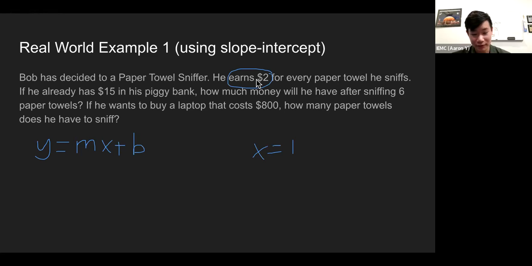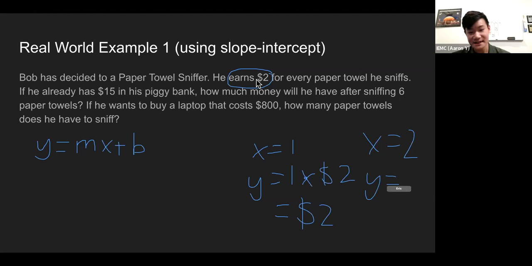Well, if we ignore B, Y would be 2. And if he sniffs 1 more paper towel, so if X is 2, what should Y be? Well, think about it. He earns $2 for every paper towel he sniffs.